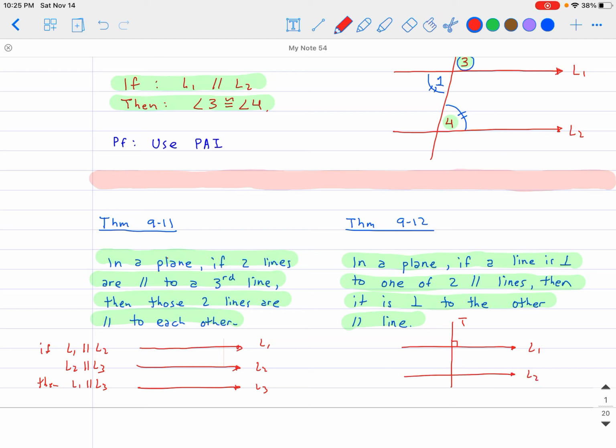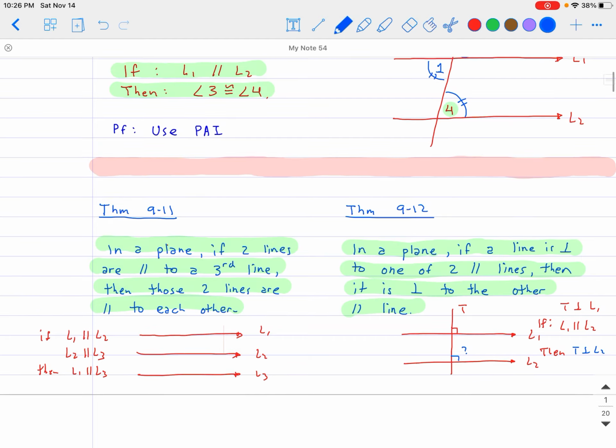We also have L2, which is down here, and we're told that L1 is parallel to L2. So that right there is going to be part of my if statement. In addition, T is going to be perpendicular to L1. Well, the conclusion out of this is that T, as you can see, is going to be perpendicular to L2. So that right there is the theorem. Okay, so pretty trivial for the most part, but hopefully you can understand where that's coming from.